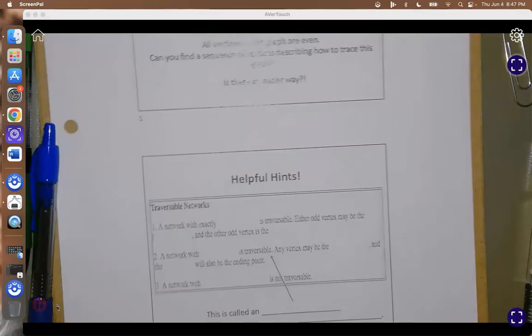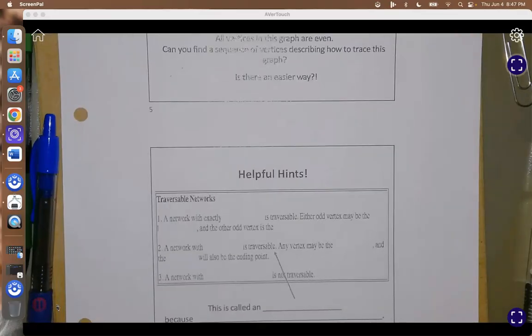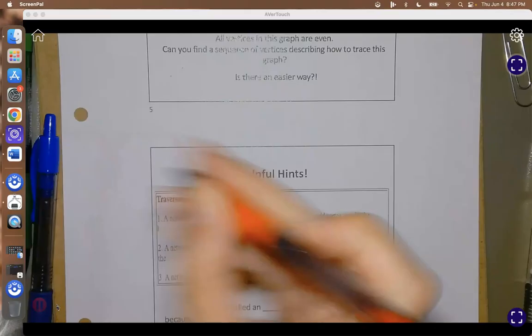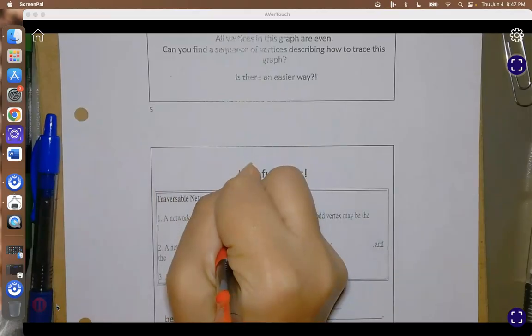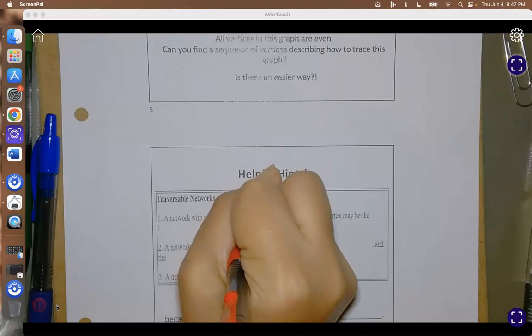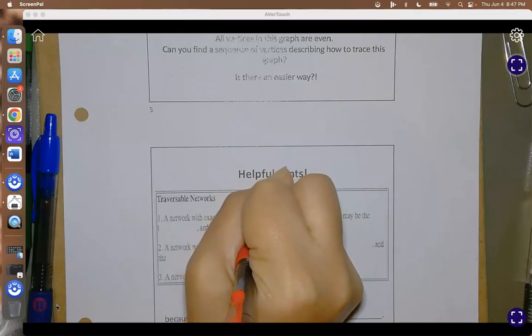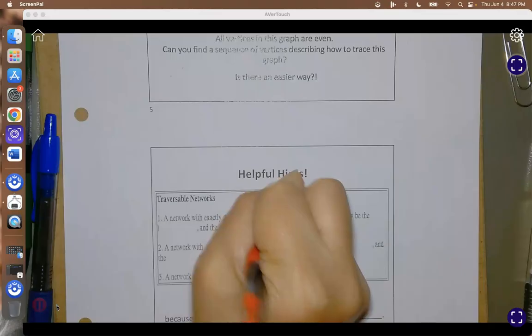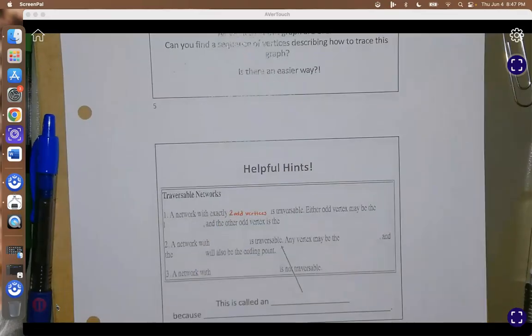So here we go. A network with exactly 2 odd vertices. You remember how we talked about in the last day's lesson, if you had no odd vertices or 2 odd vertices, it was traceable.